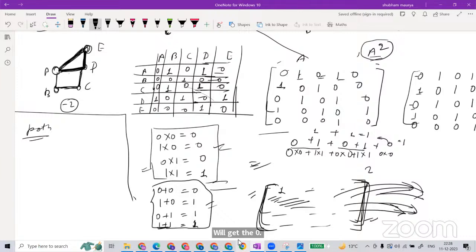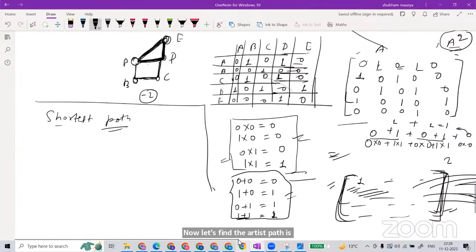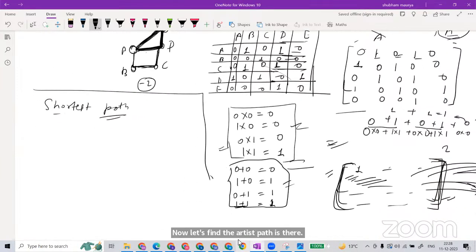Now let's find the shortest path. There are two algorithms: the Dijkstra algorithm and the Warshall algorithm. The Dijkstra algorithm does not allow negative weight edges.